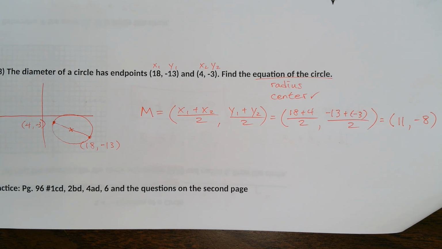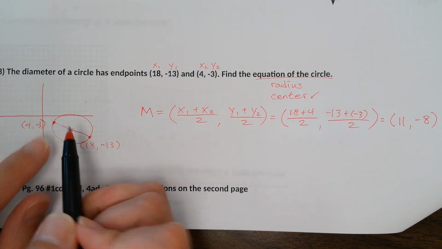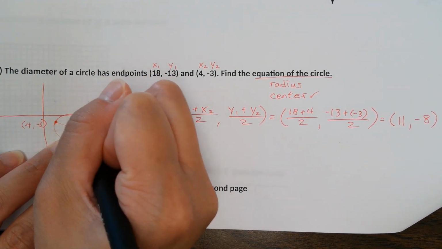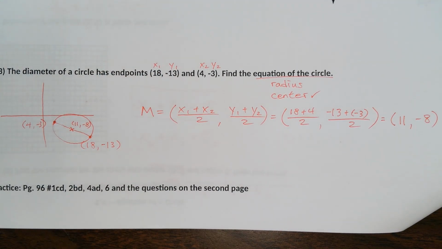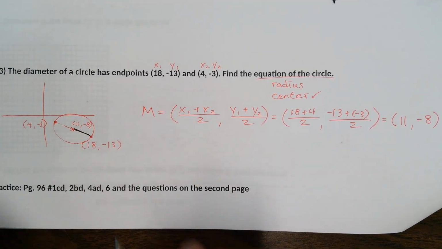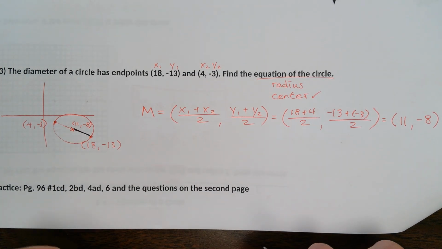What did we learn on Friday that allows us to find the radius? Yep, Samantha? Distance formula. That's right. So I know this point, which is 11, negative 8. I'm going to use the distance formula to find the length of this. Remember, radius is just the length from your center to an endpoint.